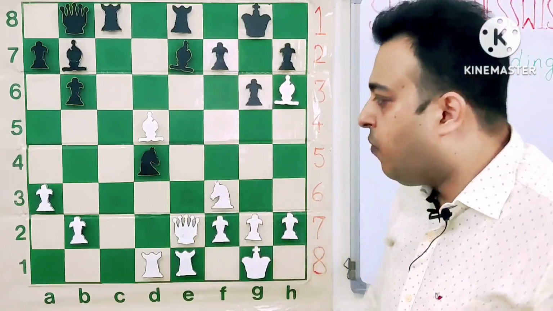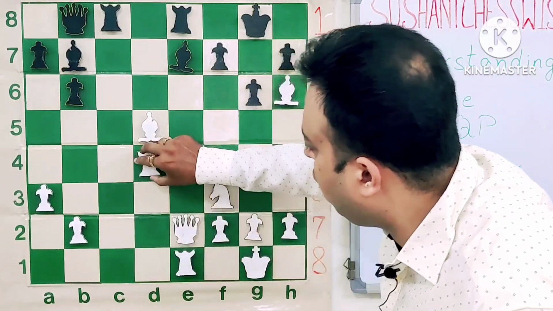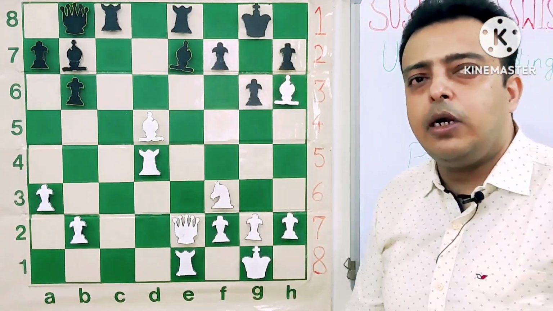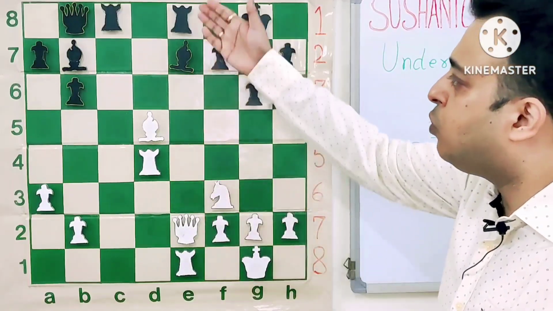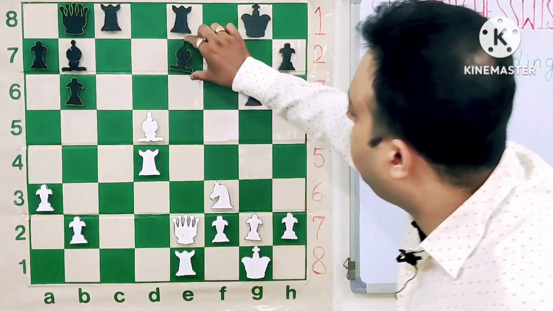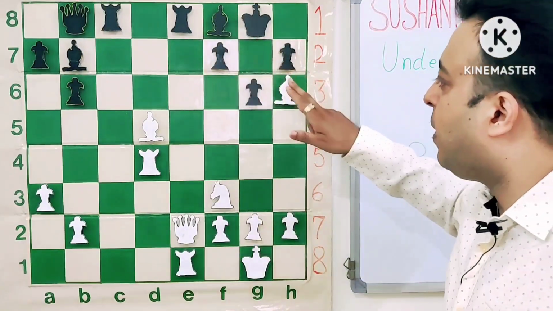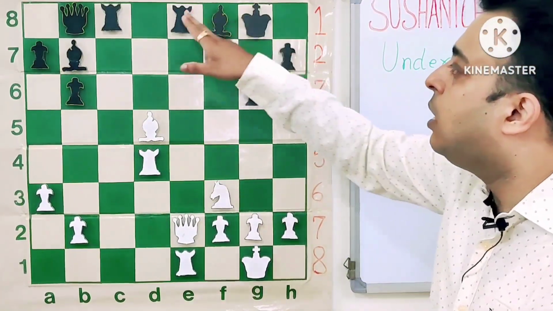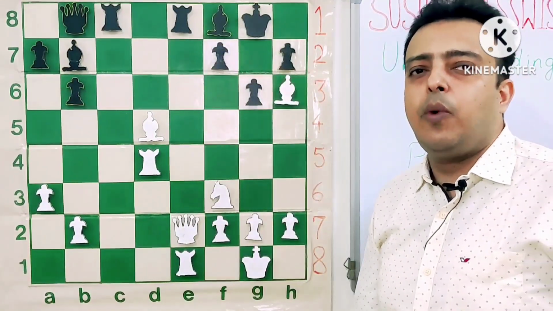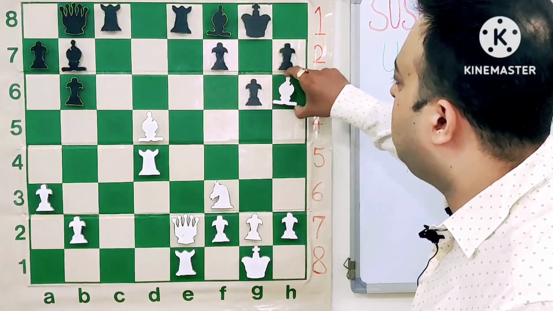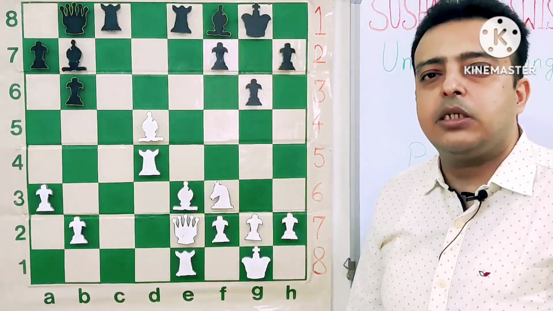So after Nd4, of course, white went Rd4, supporting the bishop on d5. Black just wanted to use the discovered attack over here, so he went Bf8, bishop attacks the bishop on h6, and rook attacks the queen. White played the very simple Be3, and black just lost the piece.